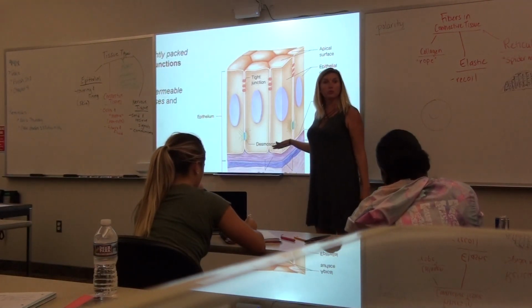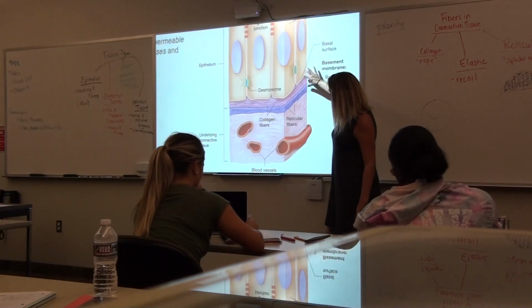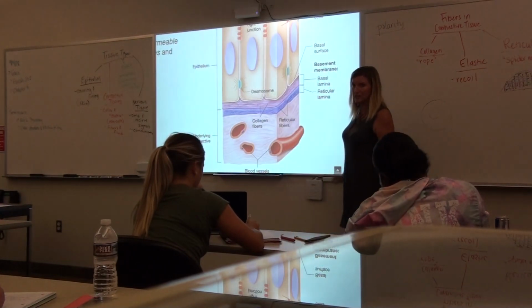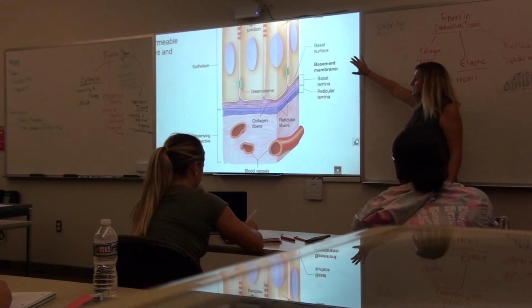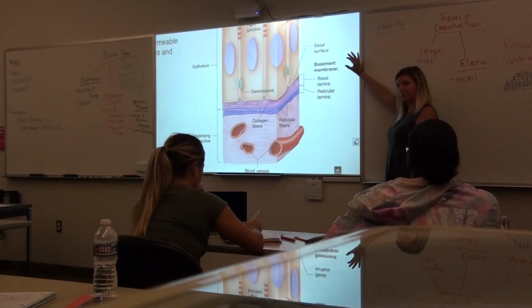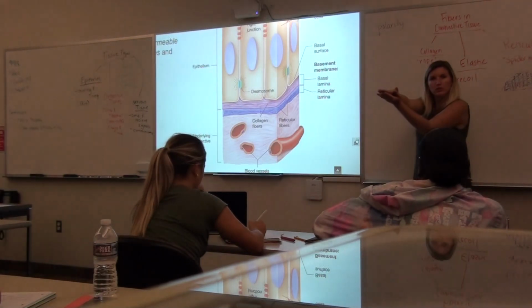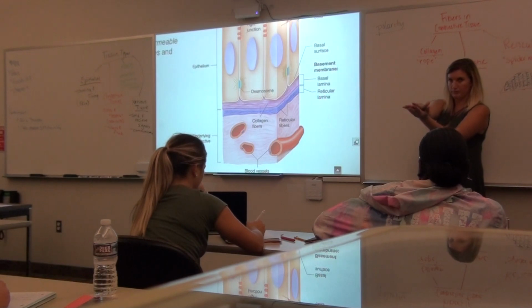So this is what's usually rooted in our connective tissue. When we look down here at our basal surface, this is what's planted or rooted in connective tissue. And they're connected through what's called a basement membrane. So it's literally like glue holding the epithelial tissue onto the connective tissue.